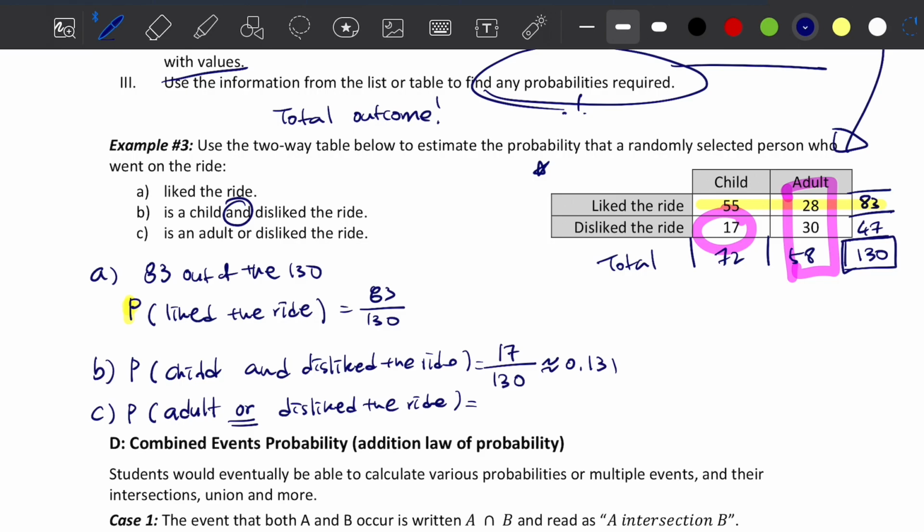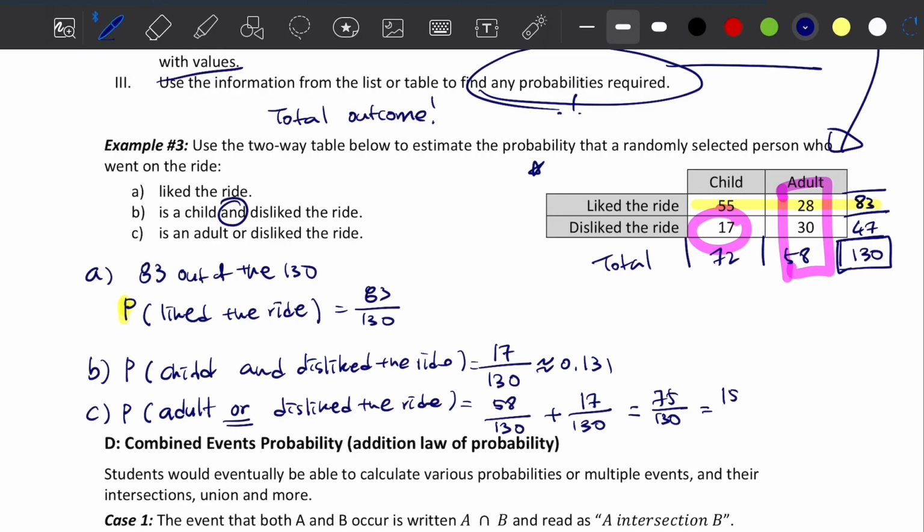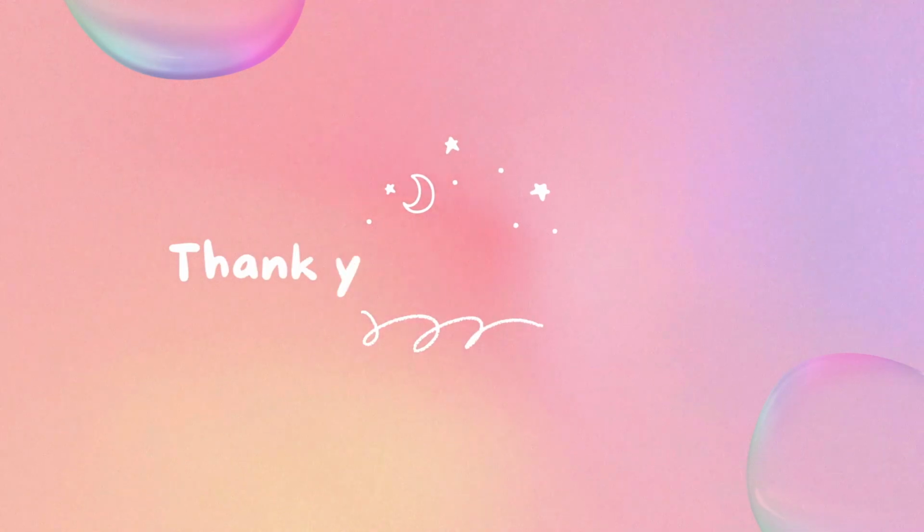So we have to look at the case of 58 over 130 plus 17 over 130. So this is equal to 75 over 130, or you can simplify the fraction and leave it as 15 over 26, or you can also use GDC to write the answer in decimal.